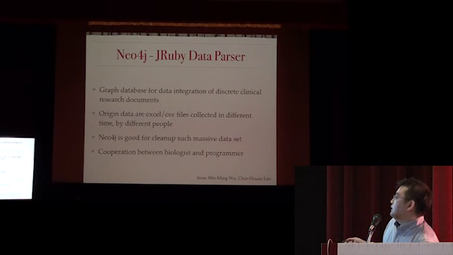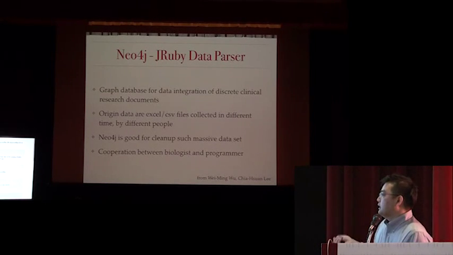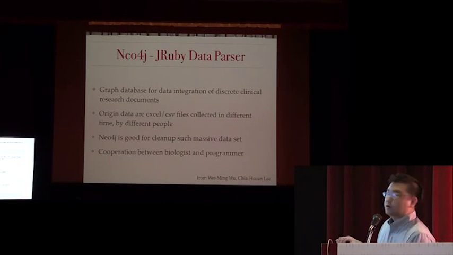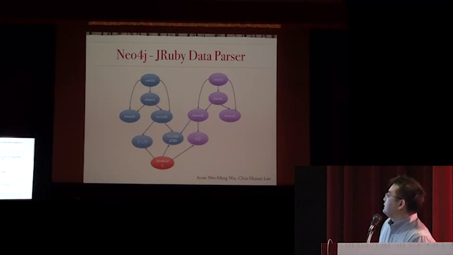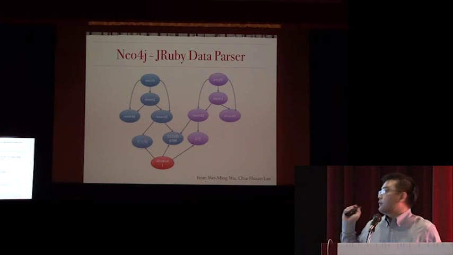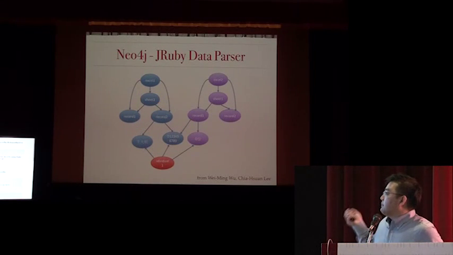We also handle Excel and CSV files, but these files were collected by different people at different times. So we think Neo4j is a good tool to clean up this massive data. And this is a collaboration between biologists and programmers. And this is the basic algorithm we use to clean up our data.